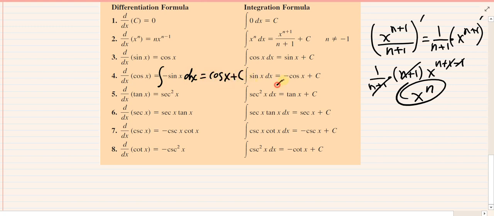Now notice they have a negative here, but no negative in the integrand. That's because you can multiply negative on both sides, and there you go. This becomes positive, and the negative goes on the cosine. Okay, and the reason for that is because we would like to keep our integrands in their positive form, not with negative coefficients.